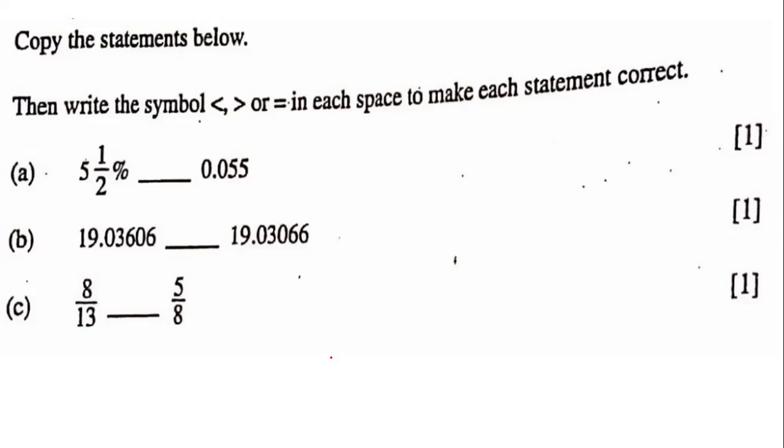All right, so we have 5 and 5.5, so it's 5.5%. What we're gonna do, I'm gonna multiply and add.